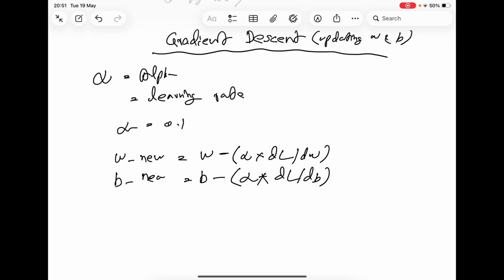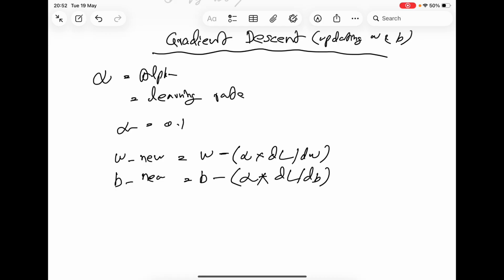Here you might ask why we subtract. We subtract because when dL over dw is negative, subtracting the negative makes the weight go up, and we just saw that we need the weight to go up.